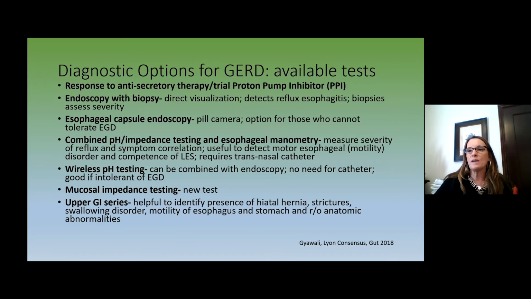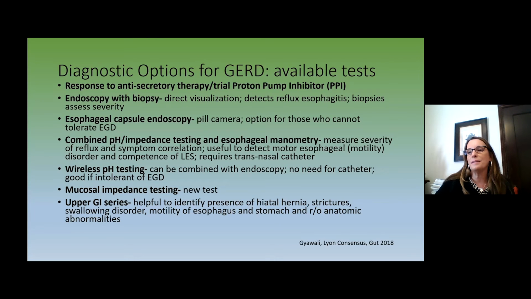I'm not going to go into all of these, but I just want to say that the two main tests that we're going to look at are endoscopy with biopsy and then ambulatory pH monitoring with or without manometry. And those are really different tests. The endoscopy allows us to look directly at the mucosa to do biopsies.